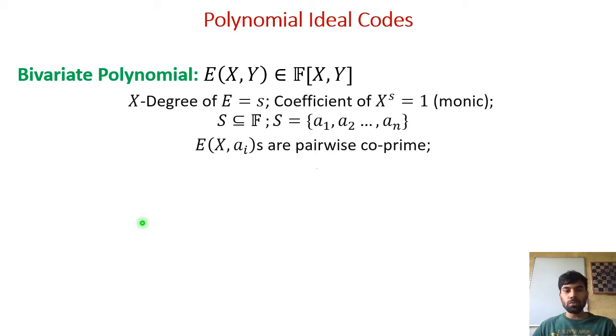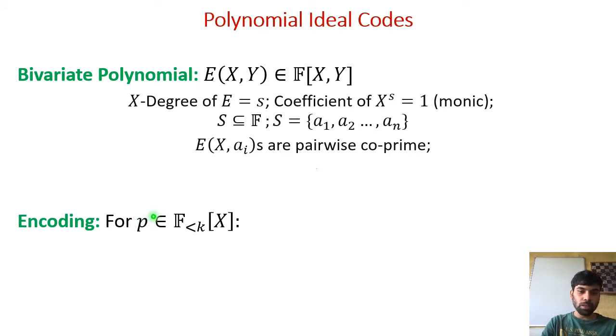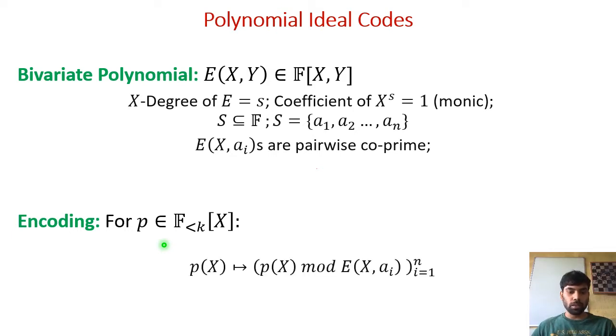In a moment we will see examples where all these definitions will be clear, but let us for now see how we encode a message polynomial p of degree at most k, or in fact degree strictly less than k, which is what F less than k[x] stands for, using this bivariate polynomial E(x,y). So we take this polynomial p(x), which is our message polynomial, and we encode it by spitting out at each evaluation point a_i the remainder of p(x) when divided by E(x,a_i). So p(x) is a polynomial of degree less than k. When divided by a polynomial of degree s, it will spit out a polynomial of degree at most s minus 1.